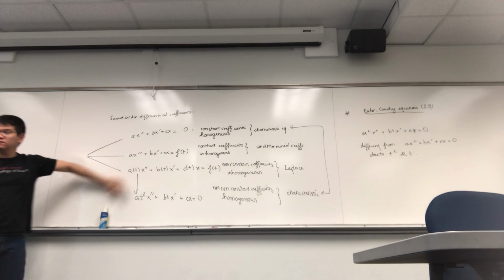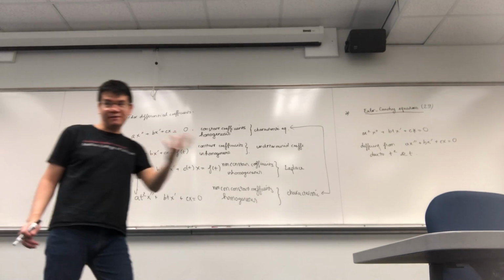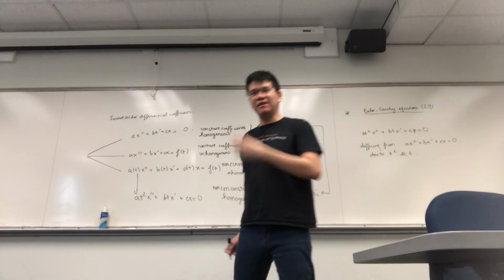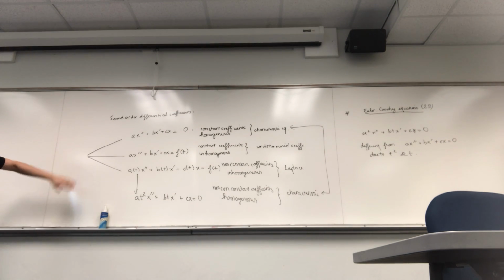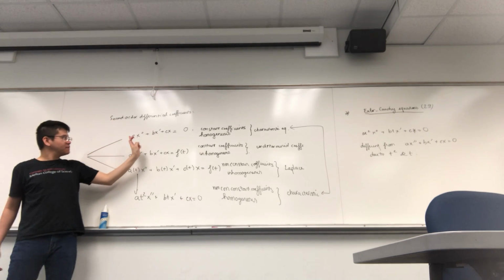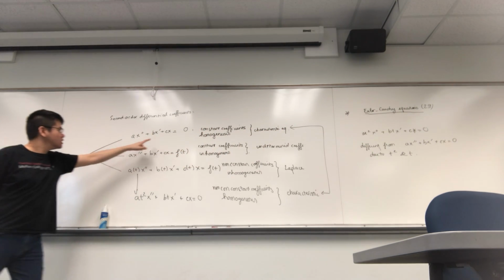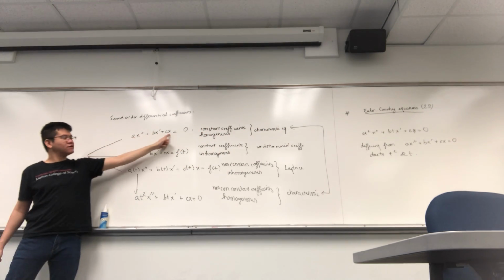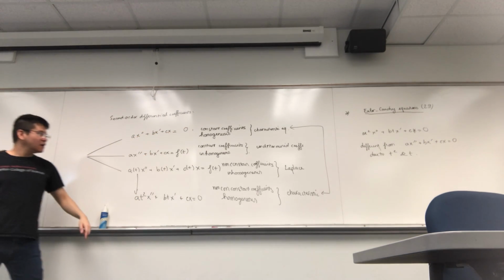All right? Let me explain again. This is the big picture, right? Whenever you do anything, you have to capture the big picture. Even in mathematics or physics or anything, you need to know what you are doing. What we are doing is trying to understand how to solve second-order differential equations. The first method is the characteristic equation method. This is applied when all of the coefficients are constant and you have a homogeneous equation.